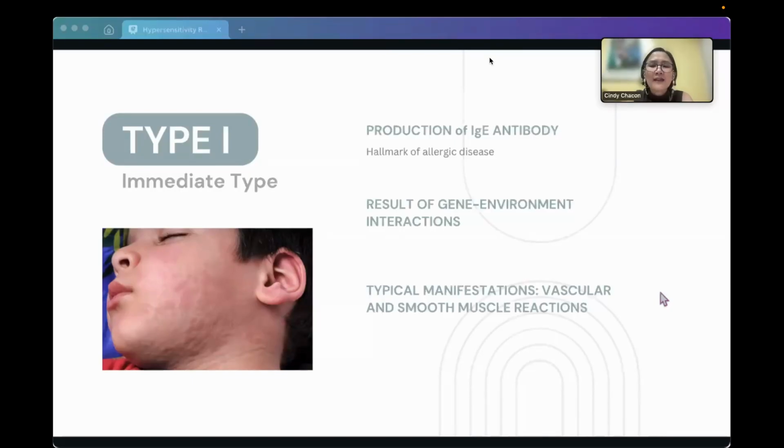The typical manifestations of allergies would usually include vascular and smooth muscle reactions that develop rapidly after repeated exposure to the allergen. These reactions are caused by mast cell activation, which is initiated by your IgE.